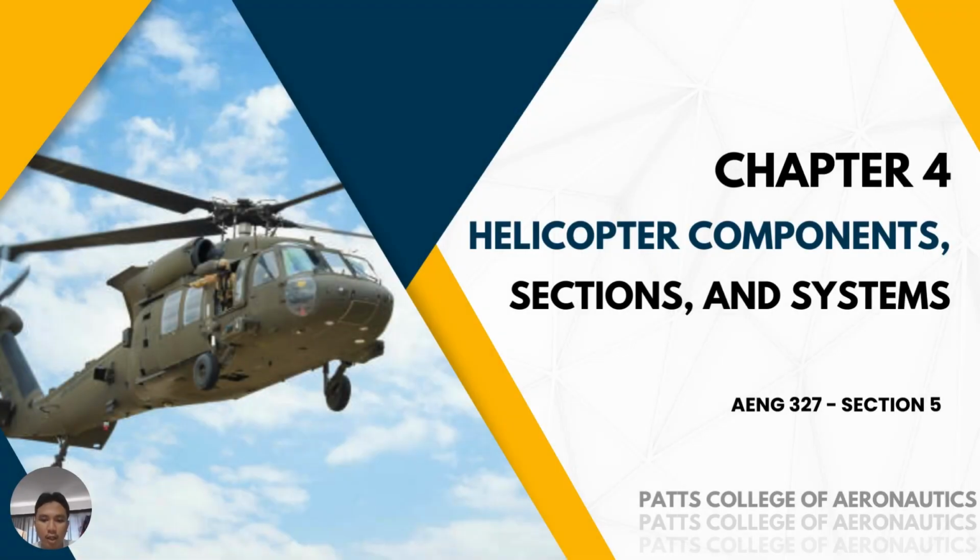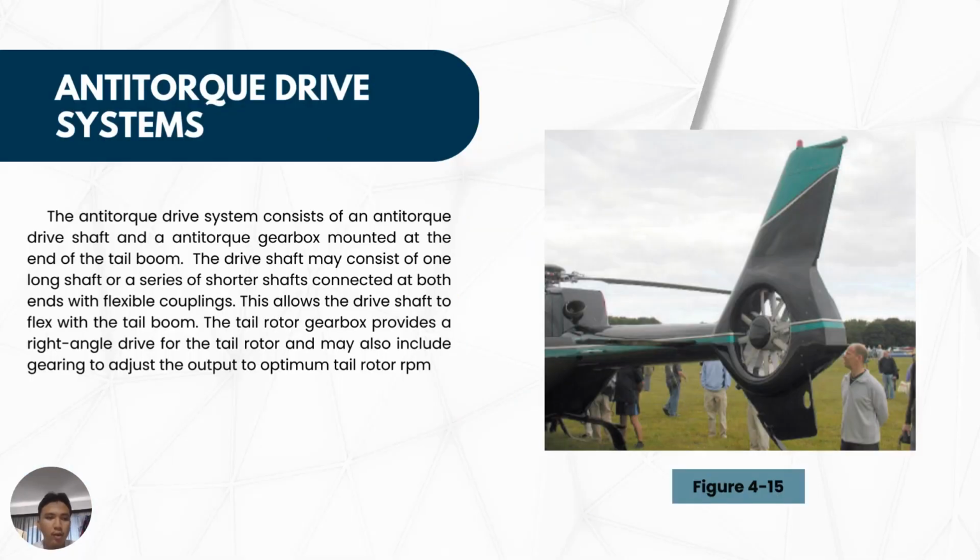And now the anti-torque drive system. The anti-torque drive system consists of an anti-torque drive shaft and an anti-torque gearbox mounted at the end of the tail boom. As the propeller spins, it creates a twisting force called torque.